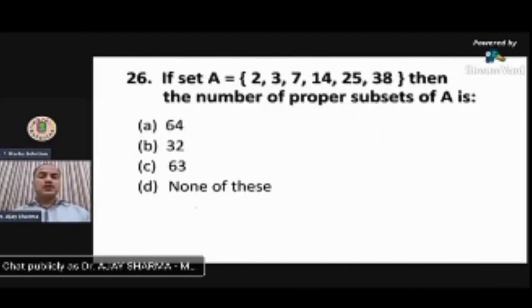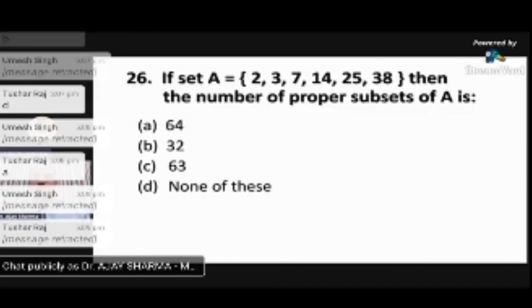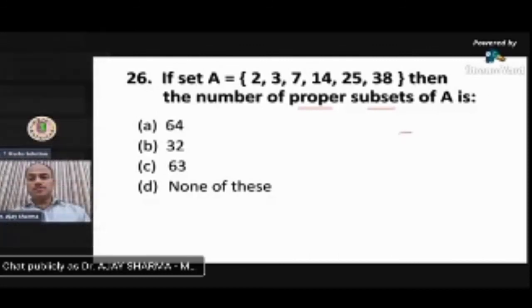26th. If set A has 6 elements, then what is the number of proper subsets of set A? We know the formula for proper subsets is 2 raised to the power n minus 1. It means these 6 elements will be at the place of n.